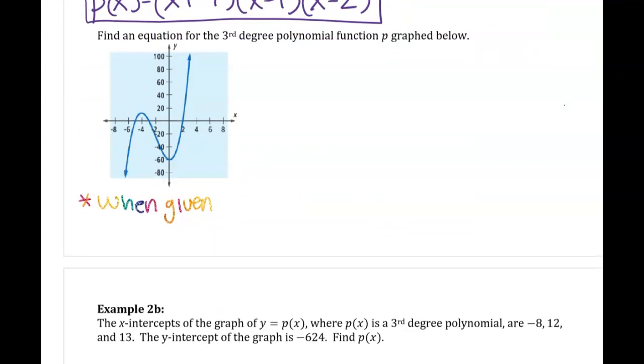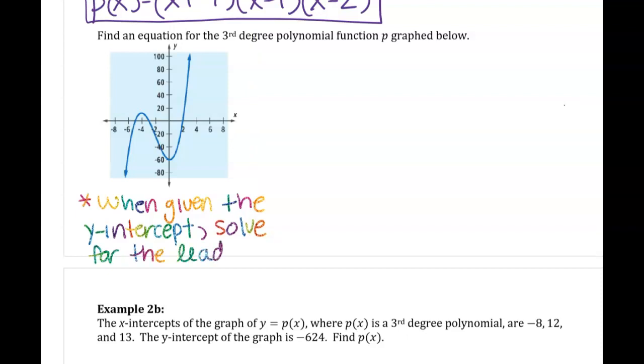When given the y-intercept, solve for the leading coefficient. The leading coefficient is our a. You could technically call it whatever you want, but I'm going to call it a.